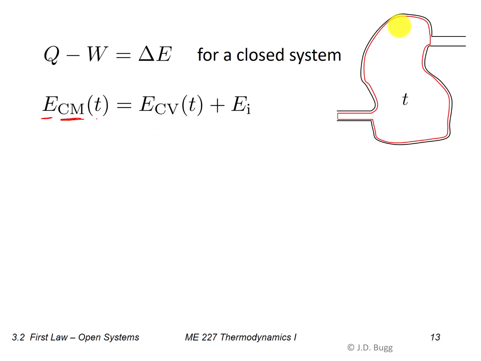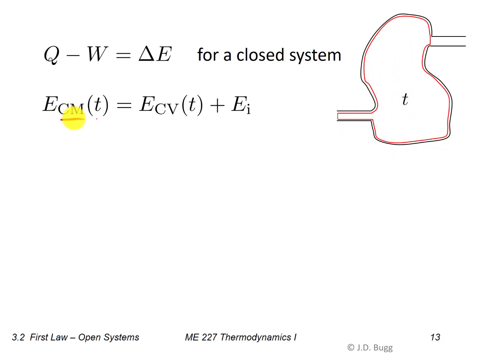Notice that would be the energy contained inside of this system, plus the amount of energy in this inlet section, and that is this portion. So the total energy in the control mass will be the sum of those two, what's in the control volume and what's protruding into the inlet pipe here.